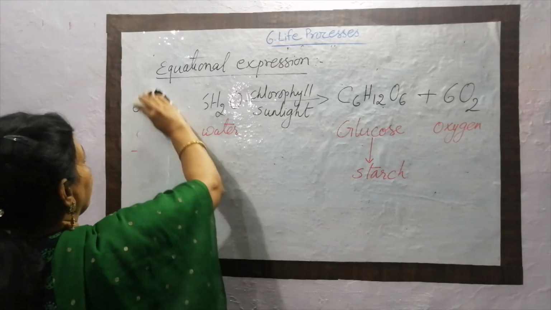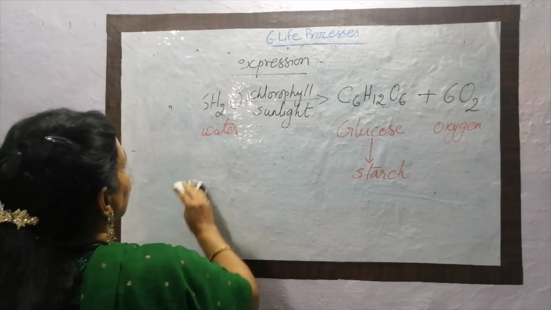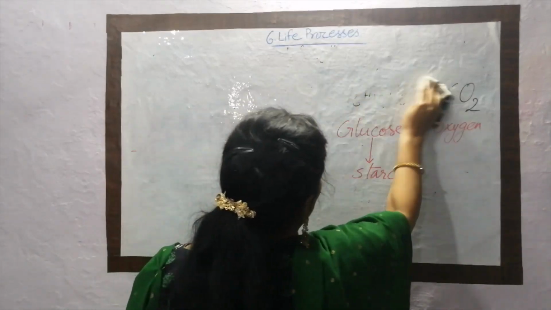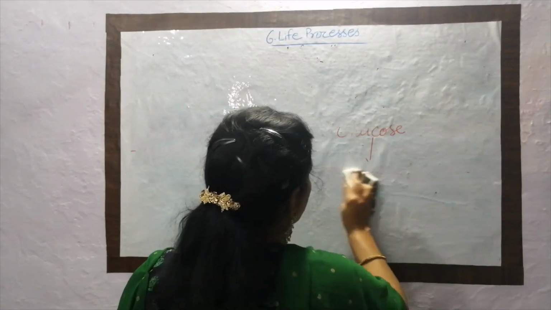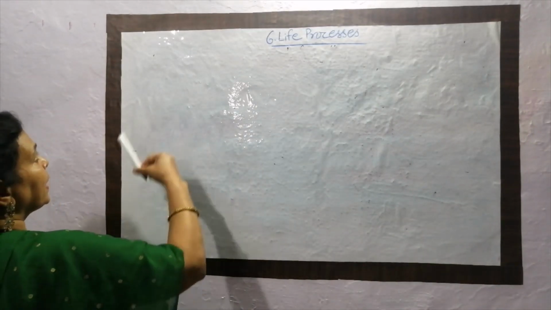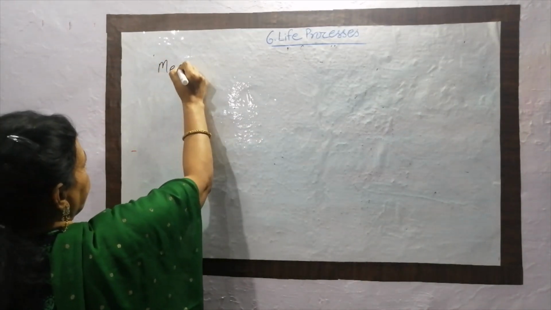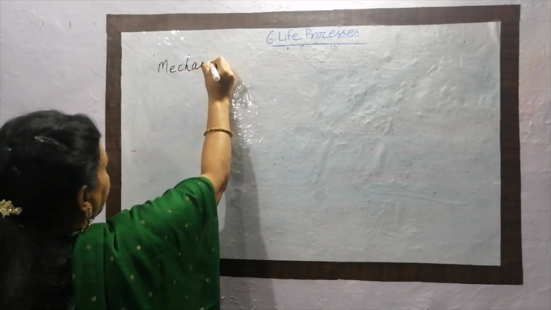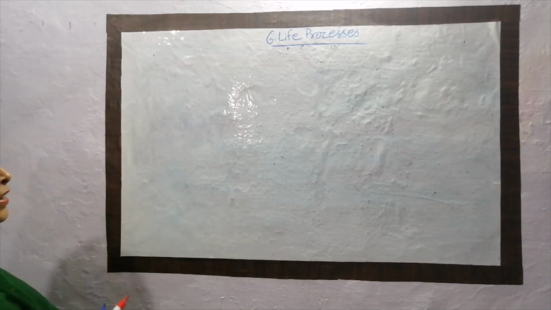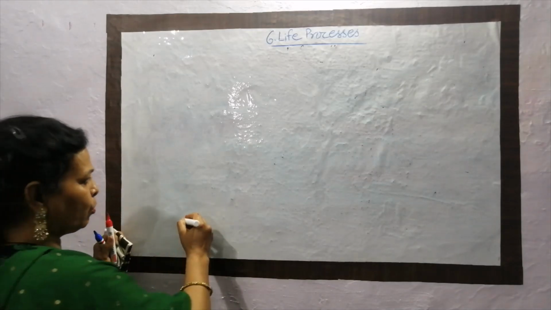Now look at the mechanism of photosynthesis. How is this process going on in the plant? That is called the mechanism of photosynthesis. Before moving to this mechanism, let's simply understand how this process is going on.